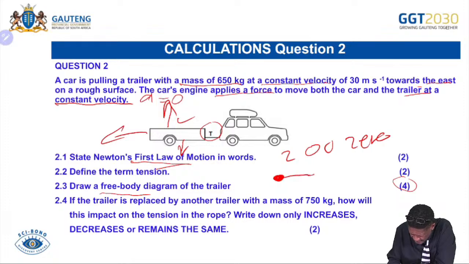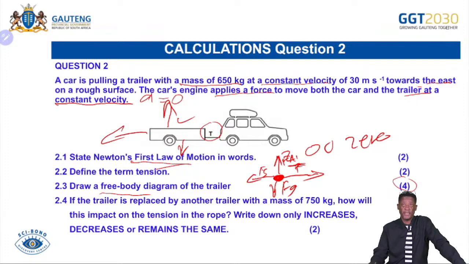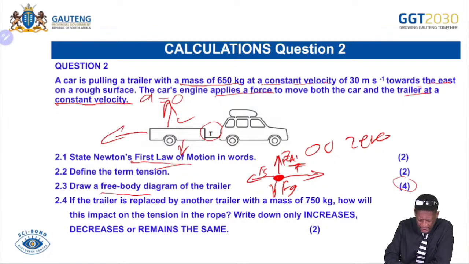Then this is your tension. Then this is your FG. This is your FF. This is your FN. 4 marks.